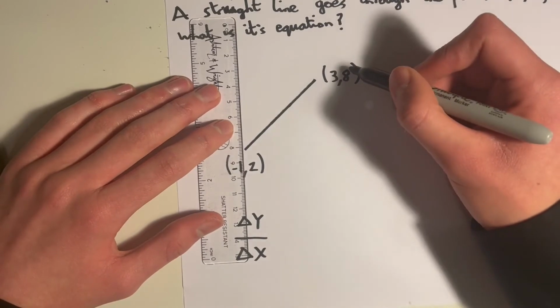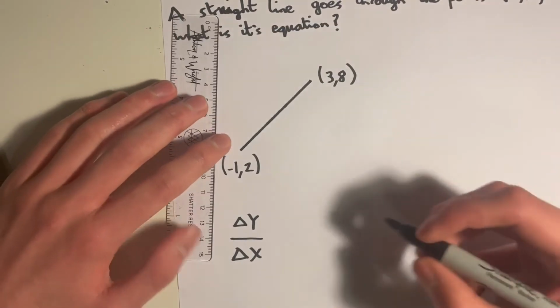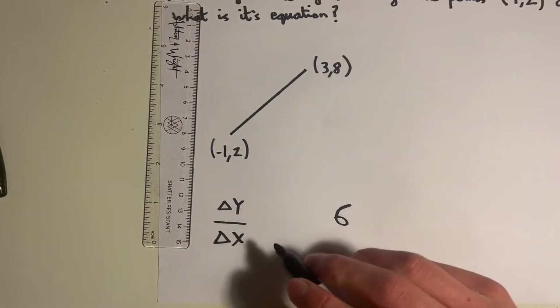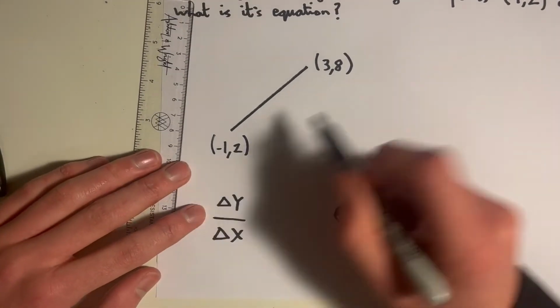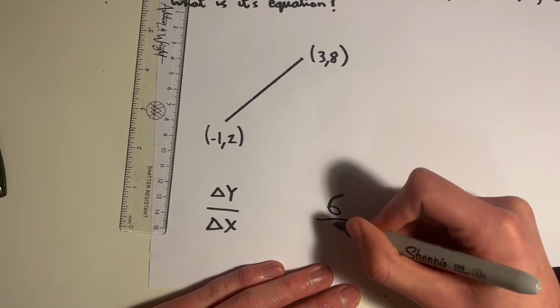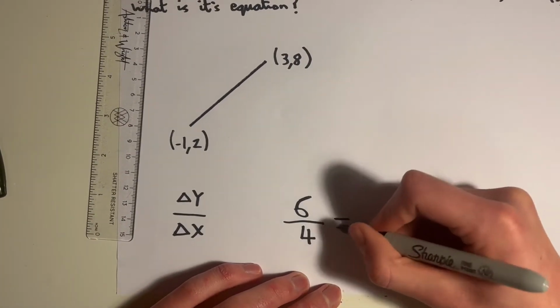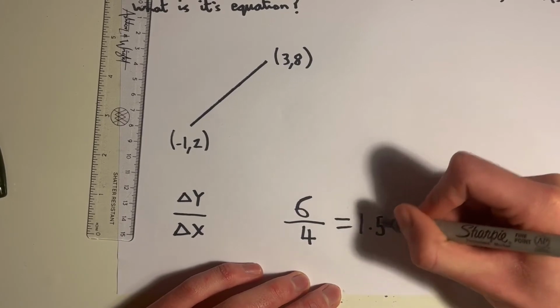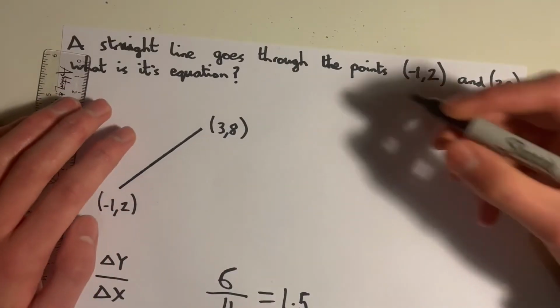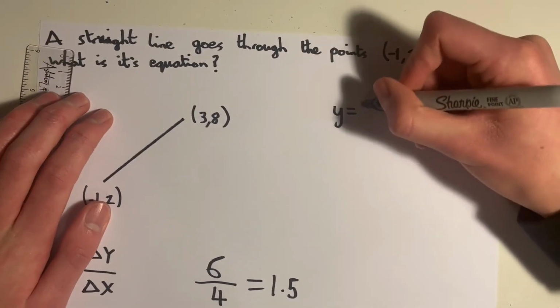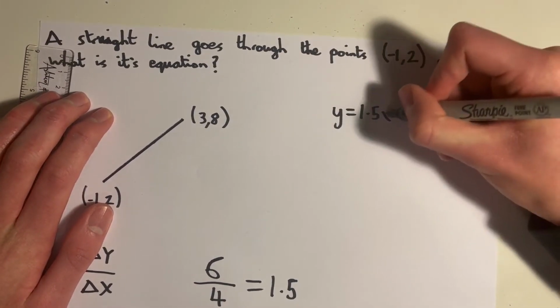So it starts at 2 and goes up to 8, so that would be a change in y of 6. Change in x goes from -1 to 3, so that'd be a change in x of 4. So 6 divided by 4 will simplify down to 1.5. So that will give us the gradient 1.5, so the equation so far is y equals 1.5x plus c.